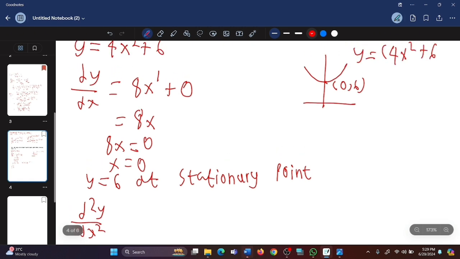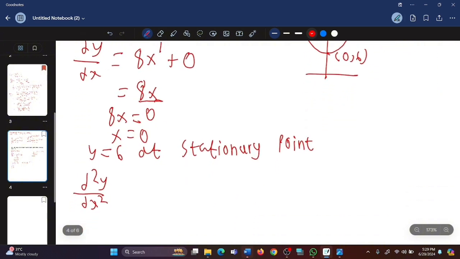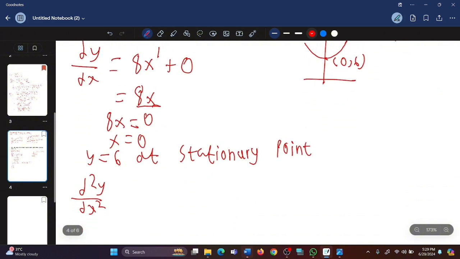It is differentiating the equation that we first differentiated. We initially differentiated 4x squared plus 6 to get 8x. Then to get d squared y by dx squared, we need to differentiate 8x. So d squared y by dx squared is just the second differentiation. If we differentiate 8x, we get 8.